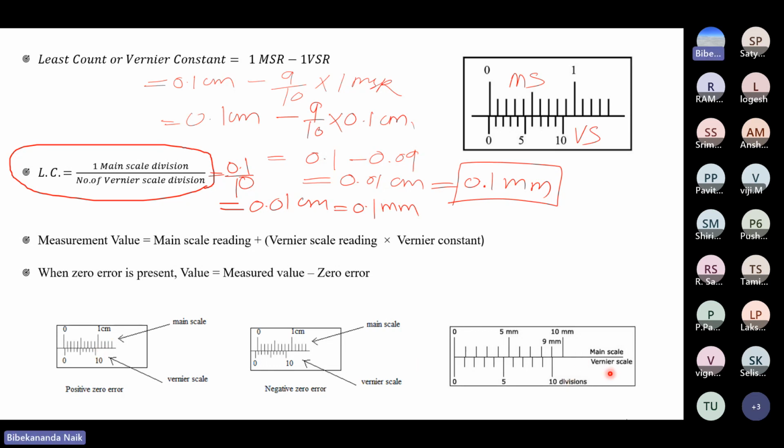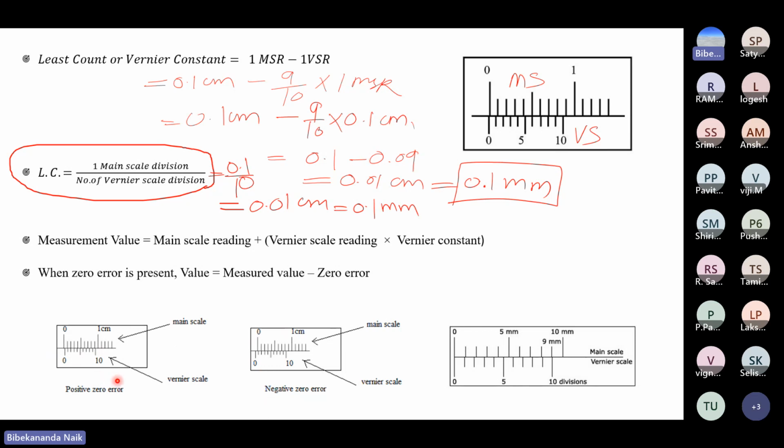As you can see in the last case, the zero of the main scale and the zero of the vernier scale both coincide with each other, so this is the case of no zero error. However, in the other cases, the zeros do not coincide, and there are some non-zero errors.